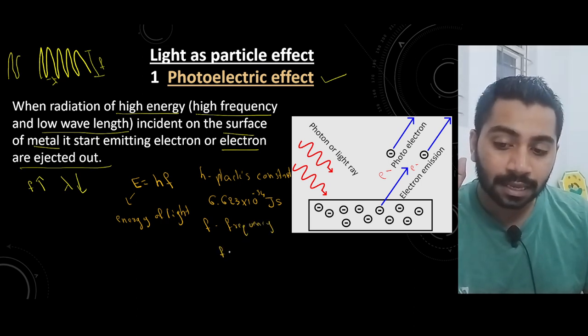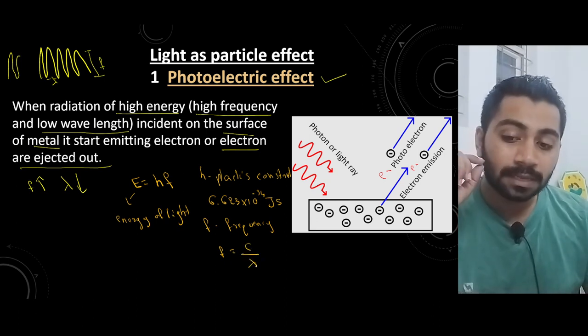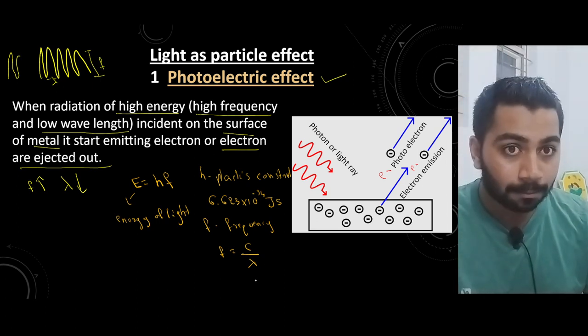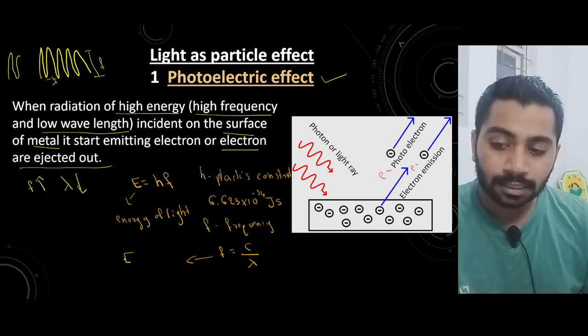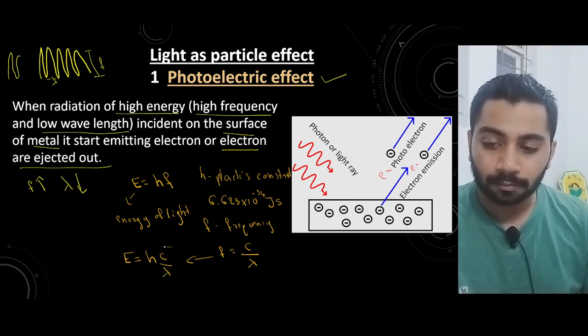And this frequency I can write as c by lambda, which means the frequency of light is equal to c by lambda. So finally I can write the energy of light is equal to h into c by lambda.